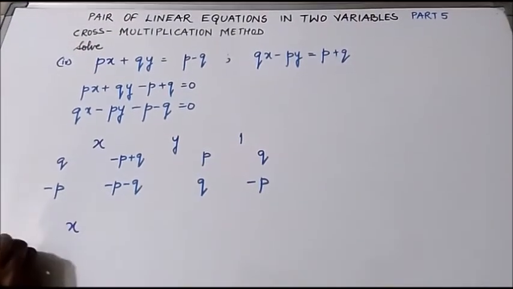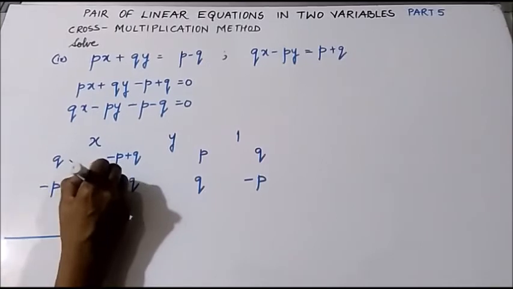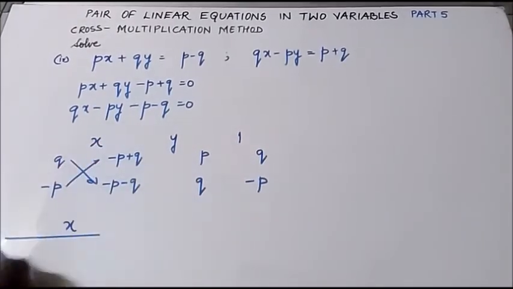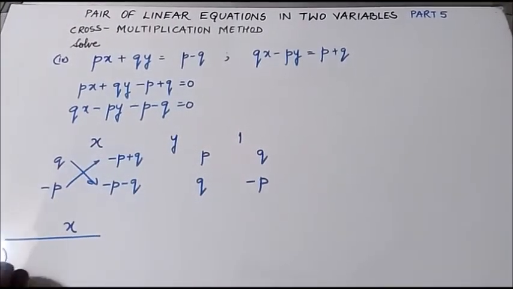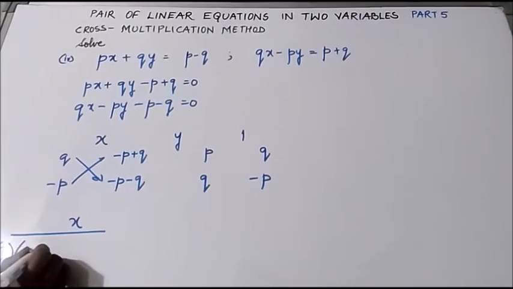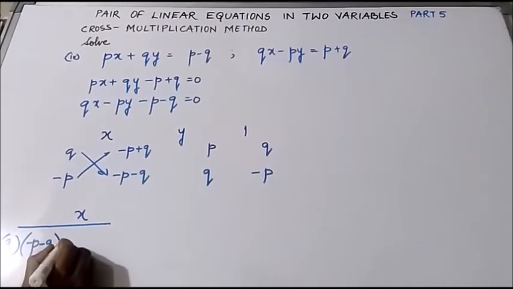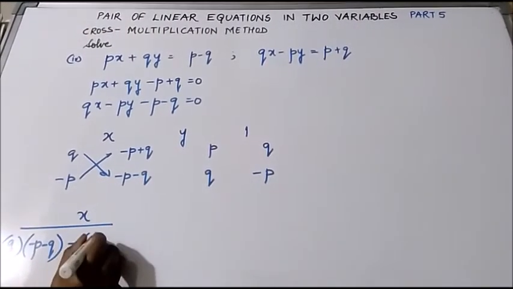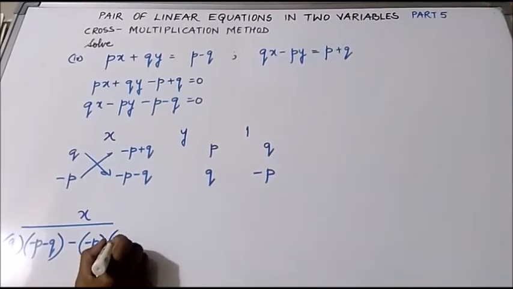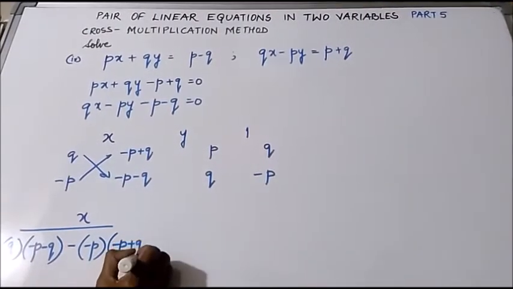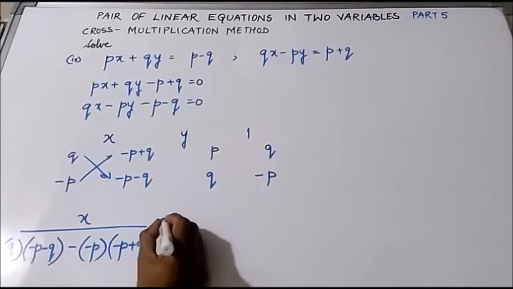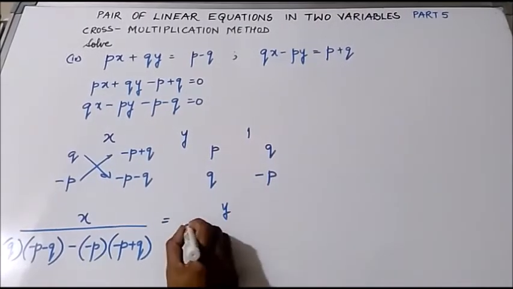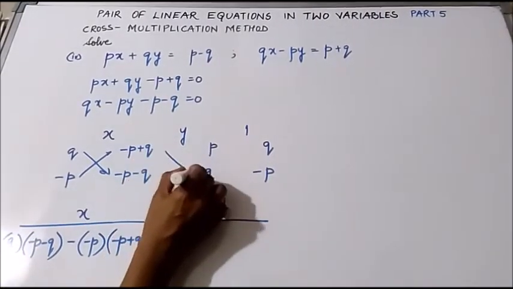Now we write here x upon cross multiply. You get here q into minus p minus q minus p into minus p plus q. Here it is y. Again cross multiply this way.